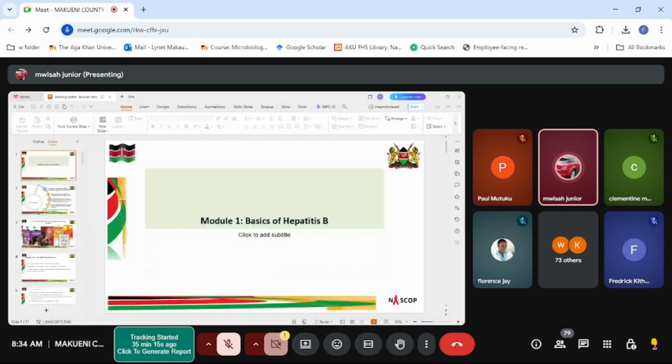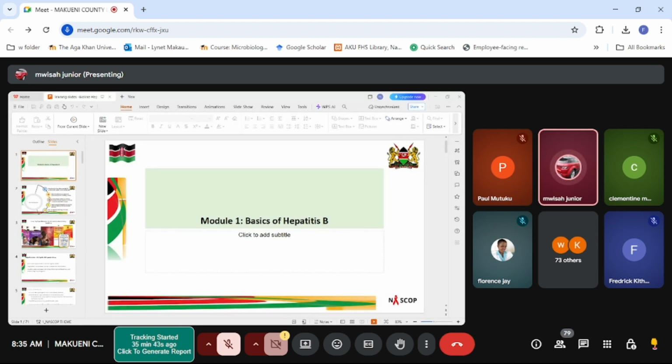In Kenya, the triple elimination of vertical transmission policy has some guidelines. Those are the guidelines which we use in this country. And this triple elimination is captured in the Kenya National Guidelines for the Management of HIV, STI, and Viral Hepatitis. The goal is to raise a generation born free of HIV, syphilis, and hepatitis B virus.